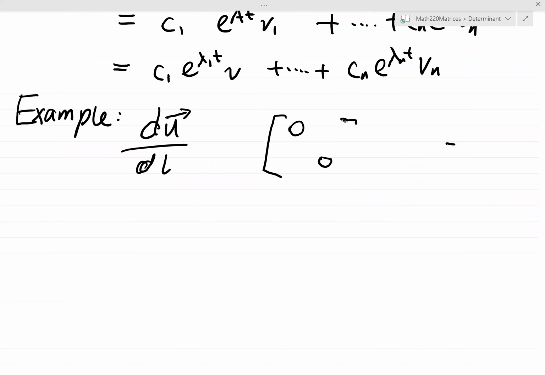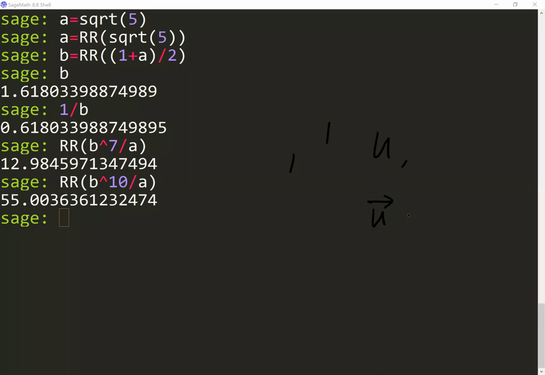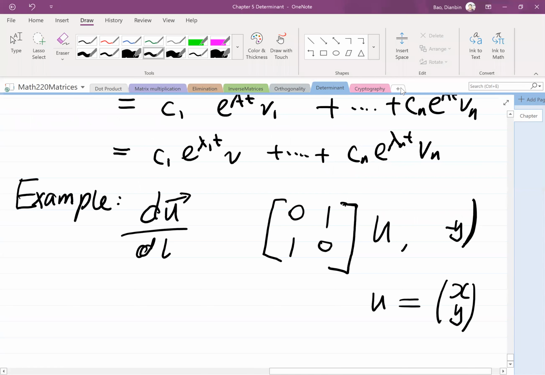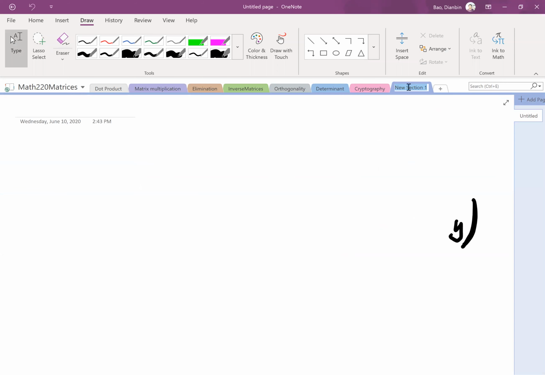Okay, maybe the file is too big. Let me change it to another file.